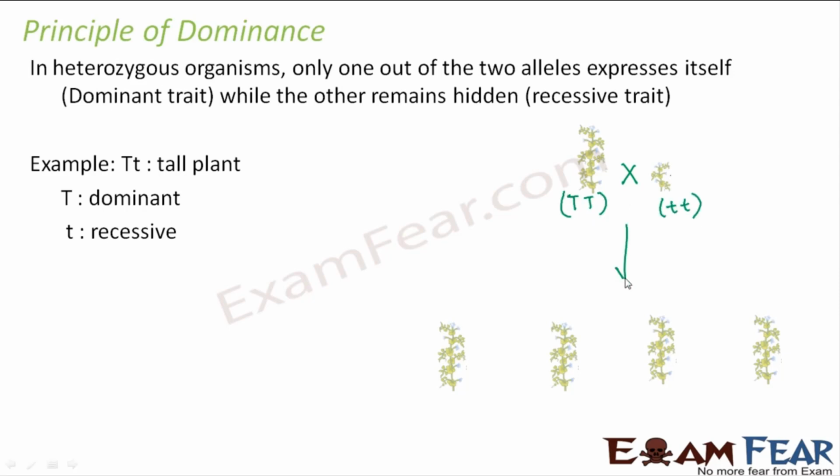When he crossed them, he found that all the plants that were obtained were tall. That's because each of them had one dominant allele present in each of them. Right? So only the dominant traits get expressed in the F1 generation. However, that doesn't mean that the other trait gets lost. The other trait also remains in that organism, but in a hidden form, and that trait is known as the recessive trait. So this was the principle of dominance.